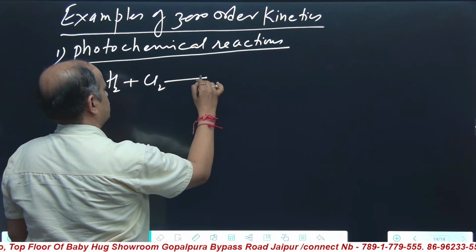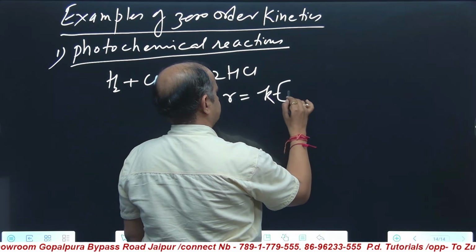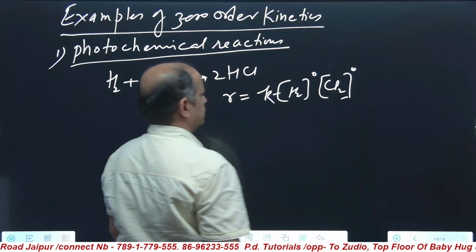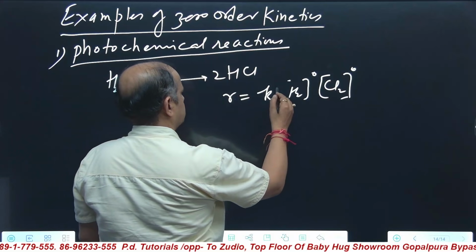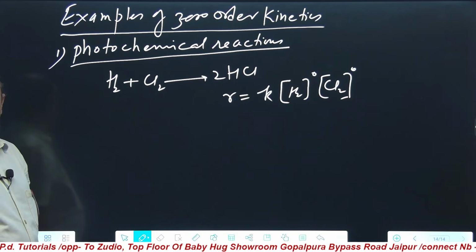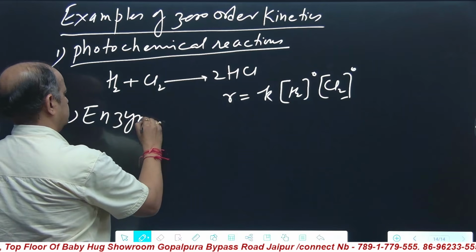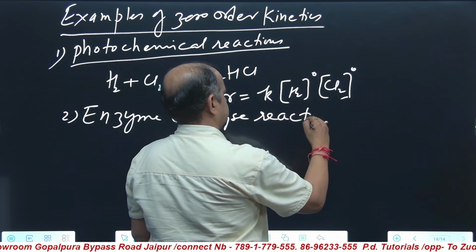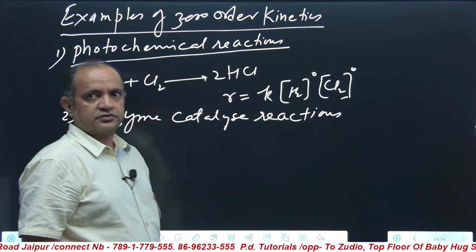H2 plus Cl2 to HCl. R equals to K H2 power 0 Cl2 power 0. Yes, clear? Next, enzyme catalyzed reactions.